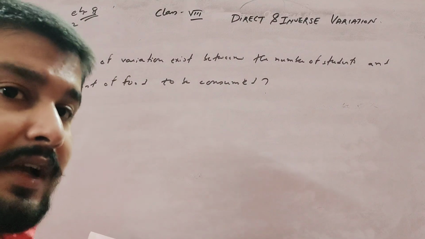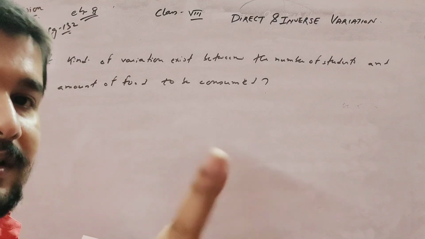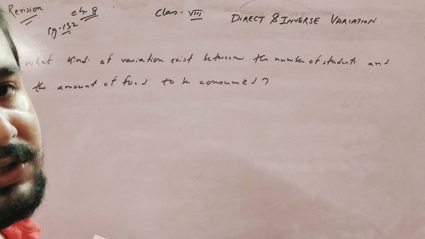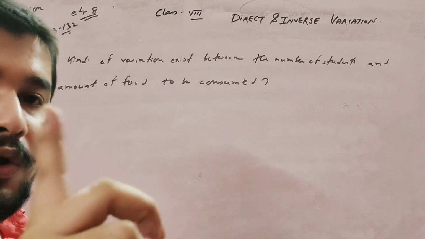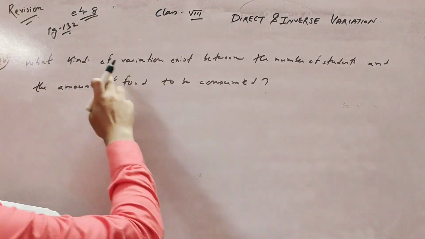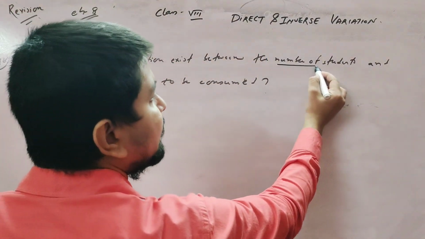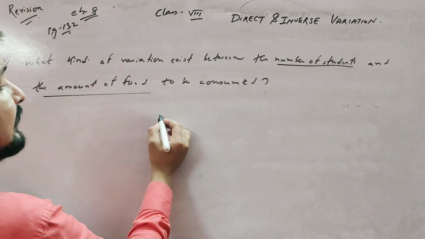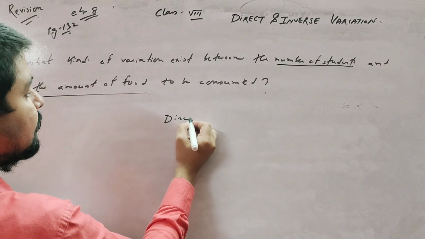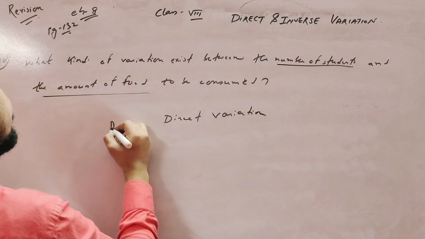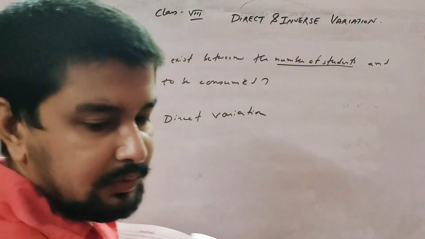That means this is a direct variation, because in inverse variation one is increasing and another is decreasing. In this question both are increasing, so there is a direct relation. So the answer is direct variation. Note.